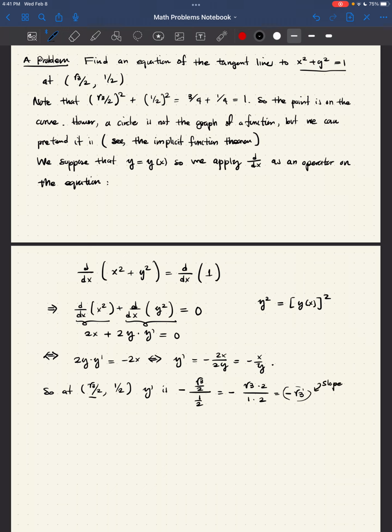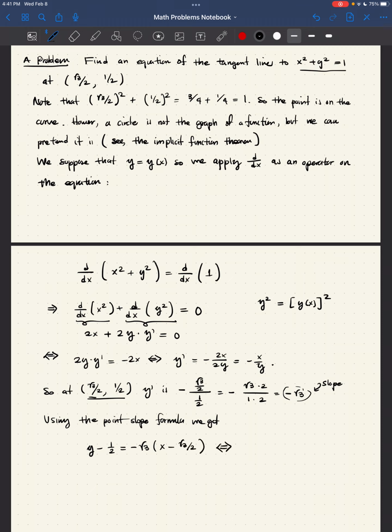of the tangent line. Well, we have a slope, we have a point, we can use the point-slope formula. We get an equation for the line. What is that line? y minus 1/2 is equal to negative square root of 3 times x minus the square root of 3 divided by 2.